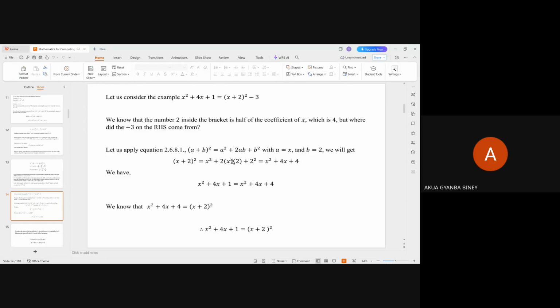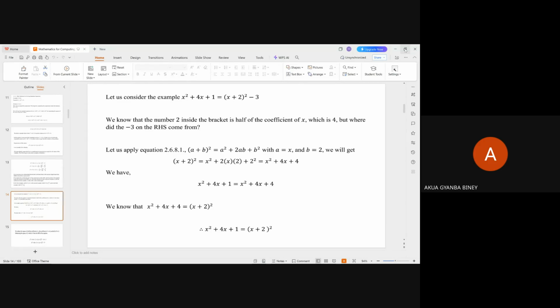Or if you are still confused about how this is equal to this, in terms of having this and putting it in this form, please expand your brackets yourself. You have x plus 2 multiplying x plus 2.